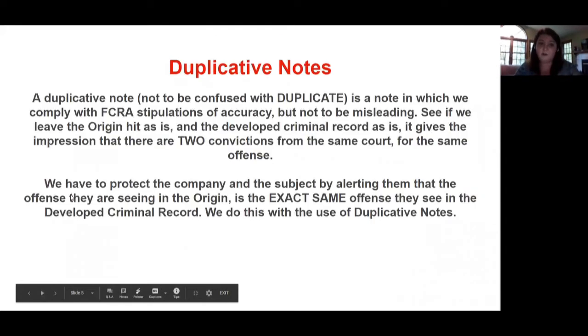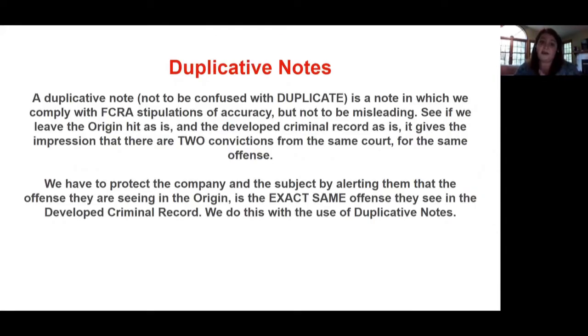So a duplicative note, not to be confused with duplicate, is a note where we comply with FCRA stipulations of accuracy, but also not being misleading. So if we leave an Origin hit as is and then add in a developed criminal record as is, this gives the impression that there are two different convictions from the same court. Our way of protecting our company and our clients is alerting you with the use of a duplicative note stating that this hit in Origin is the exact same offense that we have listed in this developed criminal record.